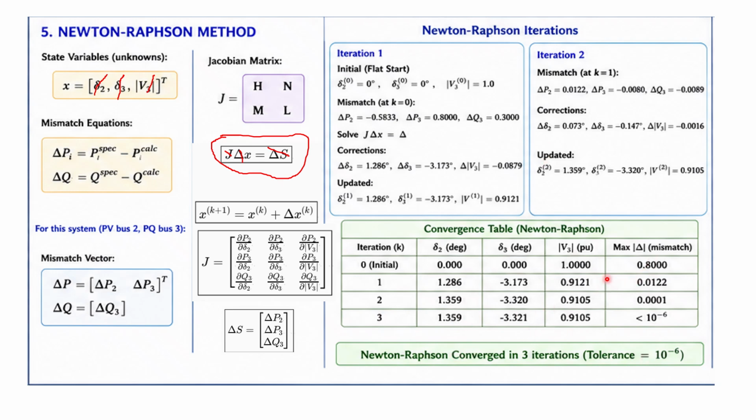So like that, the voltage is calculated and the mismatch is obtained. Then again, we calculate the error like that. And finally, after step 3, we obtain this magnitude of error, which is less than the specified value.